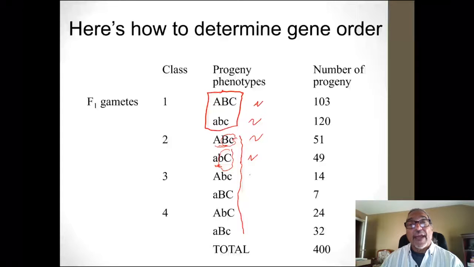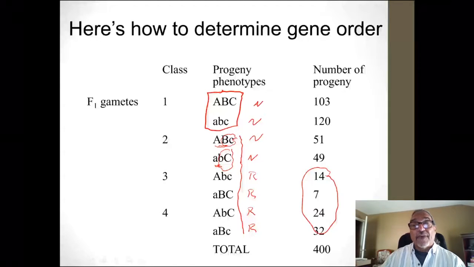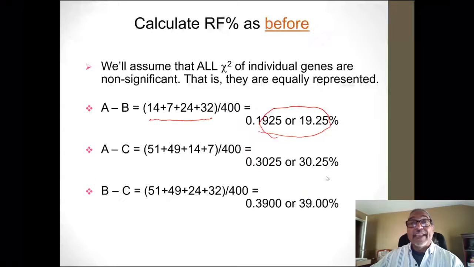Here's a cap A small b, recombinant, small a cap b, recombinant, cap A small b, recombinant, small a cap b, recombinant. So we add up these 4 numbers, divide by 400, and that gives us the 19%. And again, we have to do this for every pair of genes or loci.